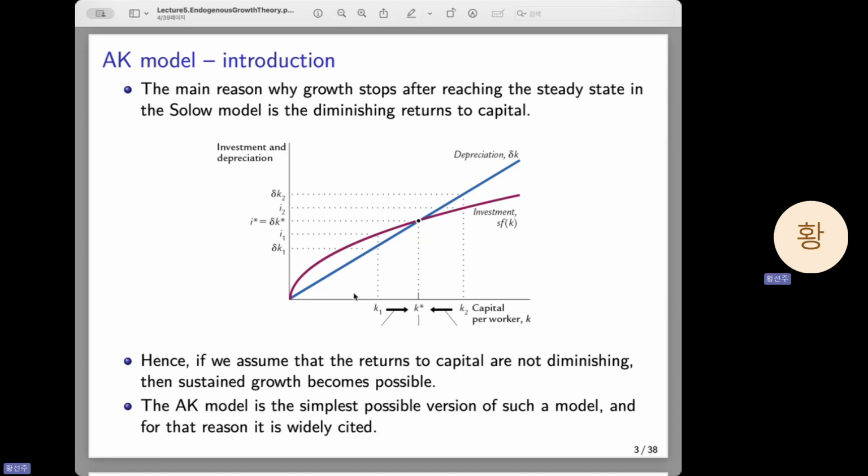So if we want permanent growth without assuming exogenous technology, we must remove the diminishing returns to capital. The AK model does exactly this.